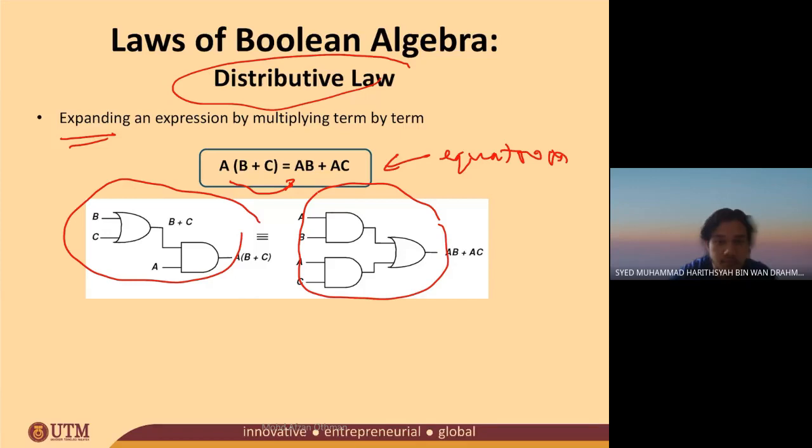It can produce the same output, but the circuit is different. Here you are using only 2 gates, but here you use 3 gates. But this distributive law doesn't care about how many gates you are using; it just shows that you can expand the equation.